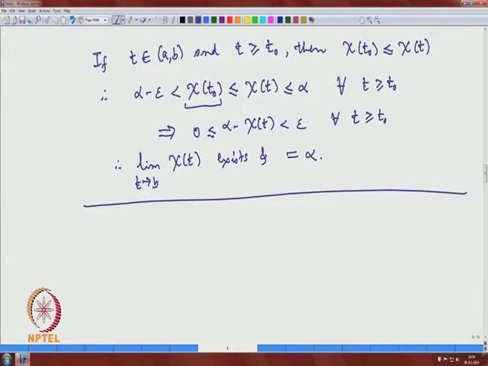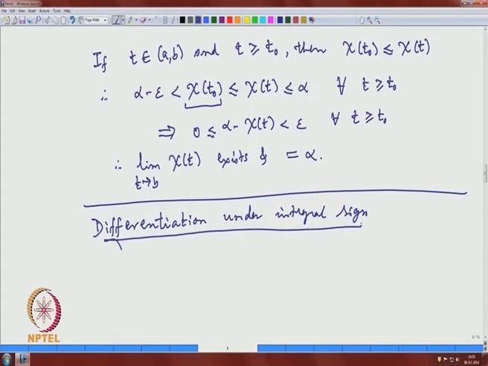And next we are going to discuss differentiation under the integral sign. Okay. So, for this recall again from the fundamental theorem of calculus.